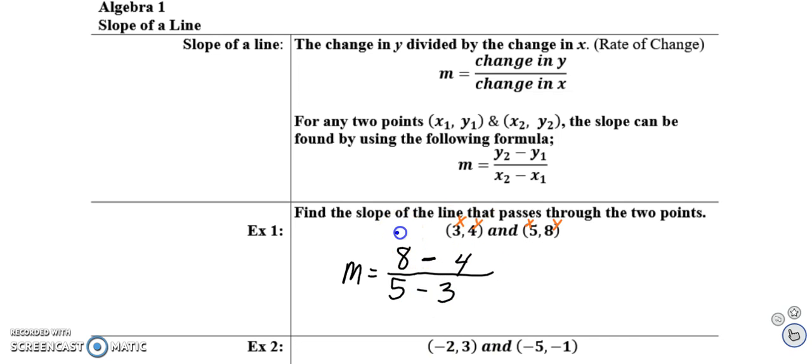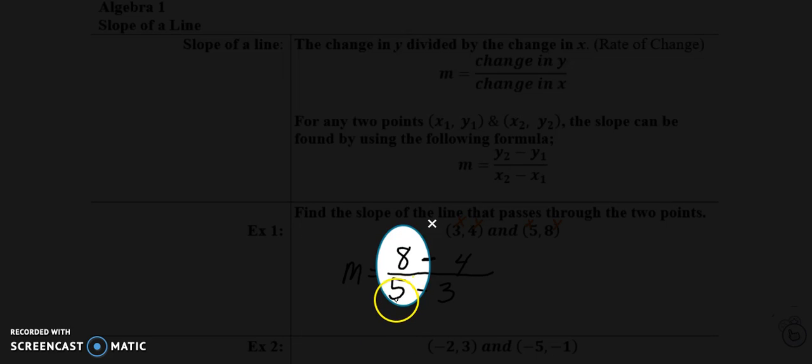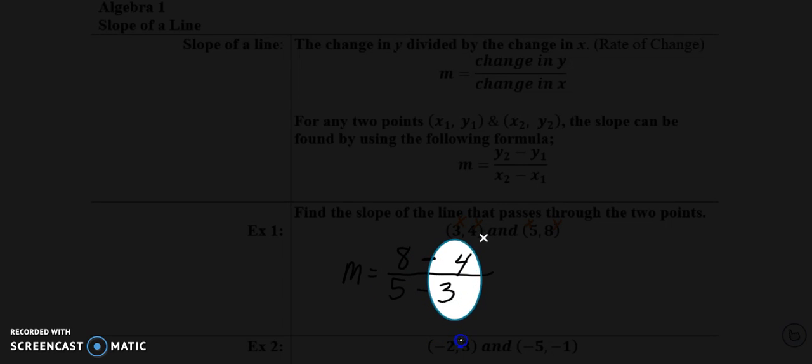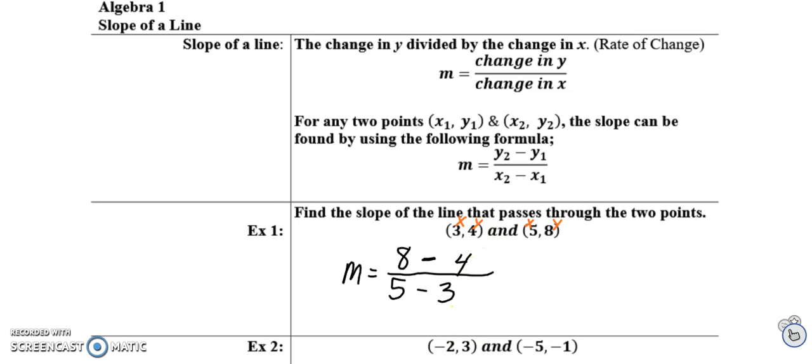So this here is an ordered pair, this ordered pair, x, y, 8, 5. So that's a check. Do we have the ordered pair 3, 4? Yep, okay. So it doesn't matter which one you start with as long as you're consistent.